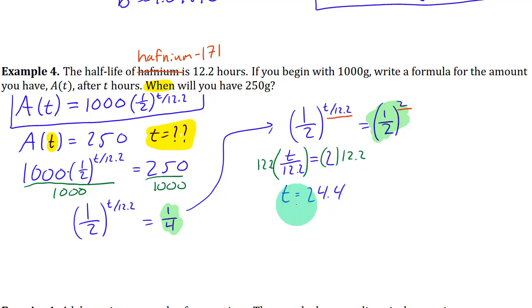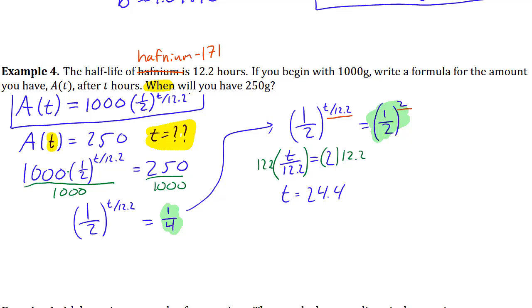So this might sort of make sense in the context of the problem: if the half-life is 12.2 hours, how long does it take to reduce by half twice? That's what you have to do. If you have 1,000 grams, half of that is 500. Half of that again is 250. So that's what this is doing. It's reducing by half twice, and it takes 2 half-lives, 2 times 12.2 hours.